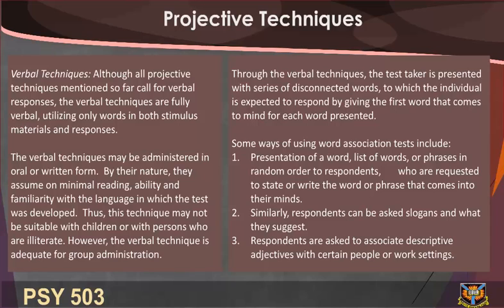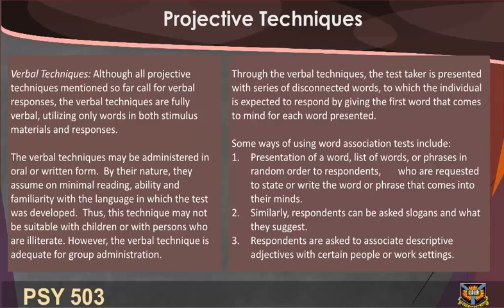Through the verbal techniques, the test taker is presented with a series of disconnected words to which the individual is expected to respond by giving the first word that comes to mind for each word presented. Some ways of using word association tests include: 1.